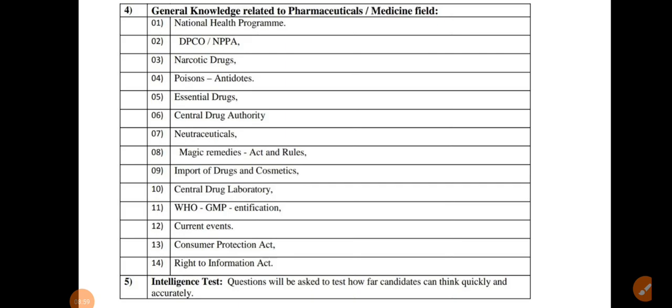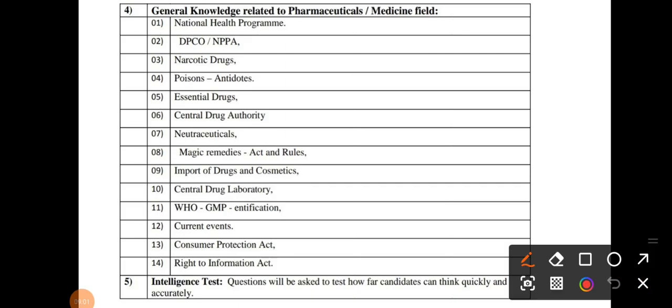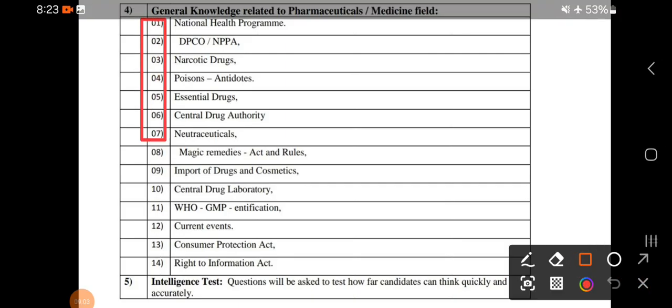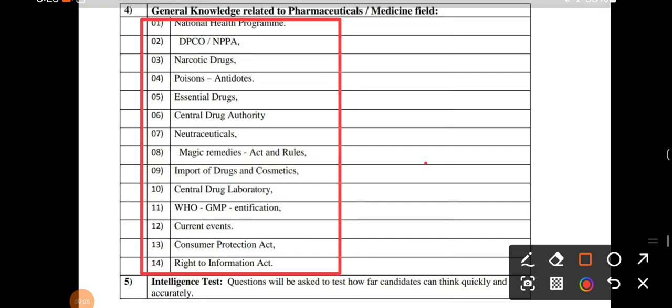If you look at all of this, from pharmaceutical jurisprudence, like DPCO and narcotic drugs, it means section 3.6 and the fourth section, this is totally related to your pharmaceutical jurisprudence. So that is the whole syllabus, and you have to go through all of it. But please make your strategy accordingly.